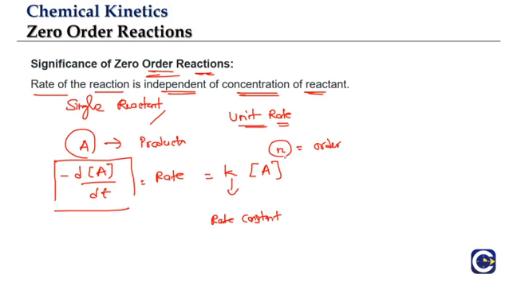So if we say that the order of the reaction is 0, means the power should be 0, so if you put A to the power 0, any number power 0 will be 1. So rate will simply be equal to a constant, and hence the rate of the reaction will be independent of concentration of the reactant. So this is the significance of a zero order reaction. Zero order reactions, in case we have a single reactant, will be proceeding with a constant rate.